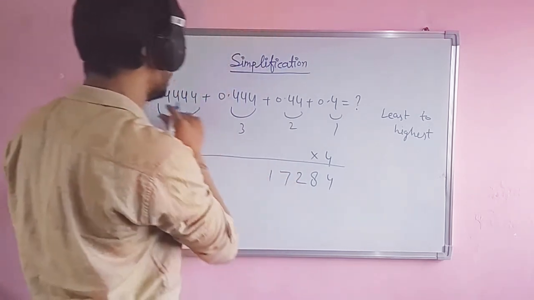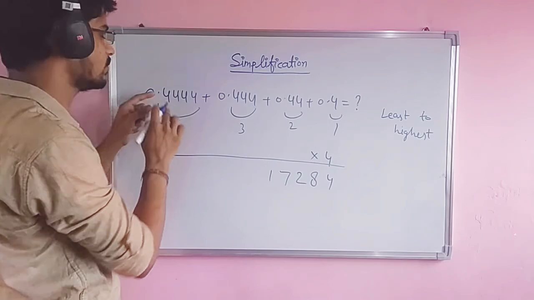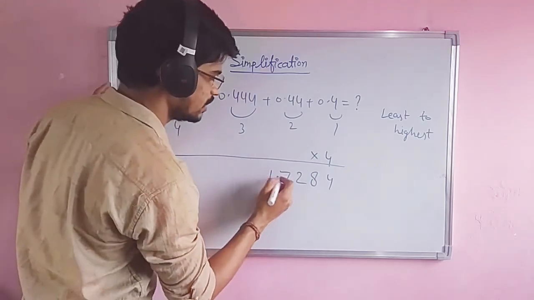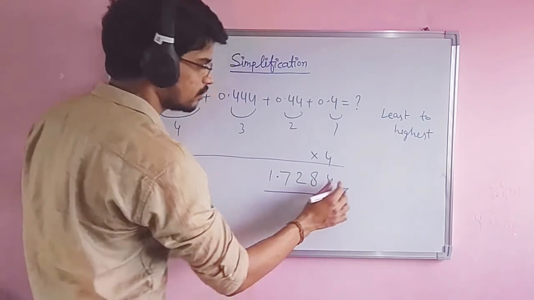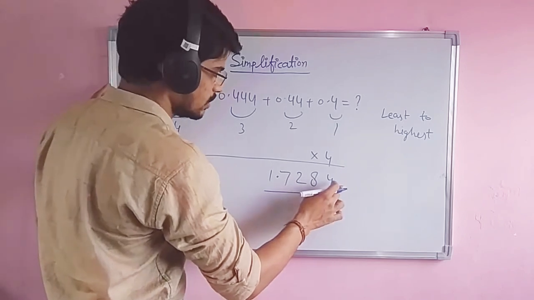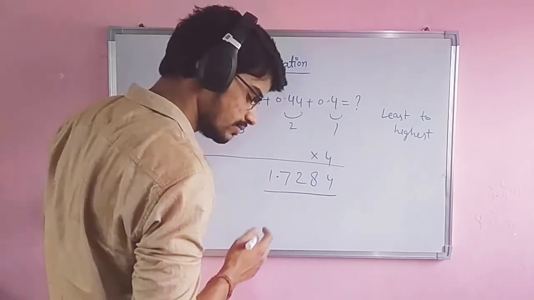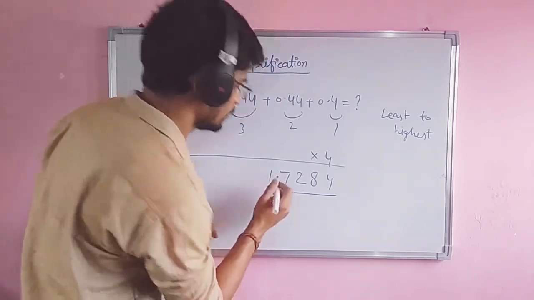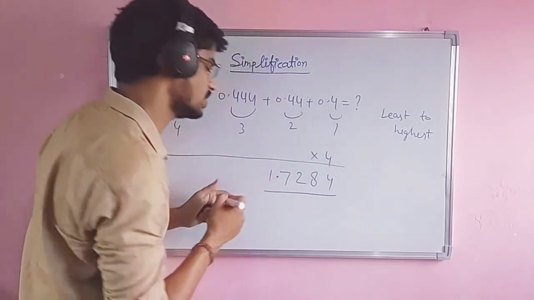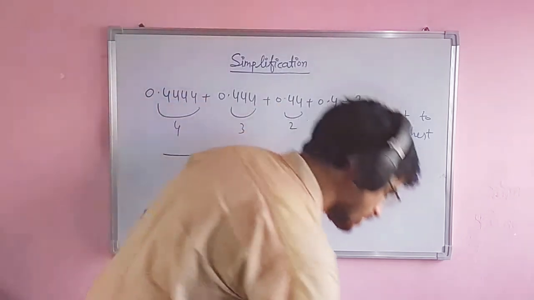How many places is the maximum after the point? From the right, there is a decimal point after 4 digits. That's why we place the decimal after 4 digits from the right.